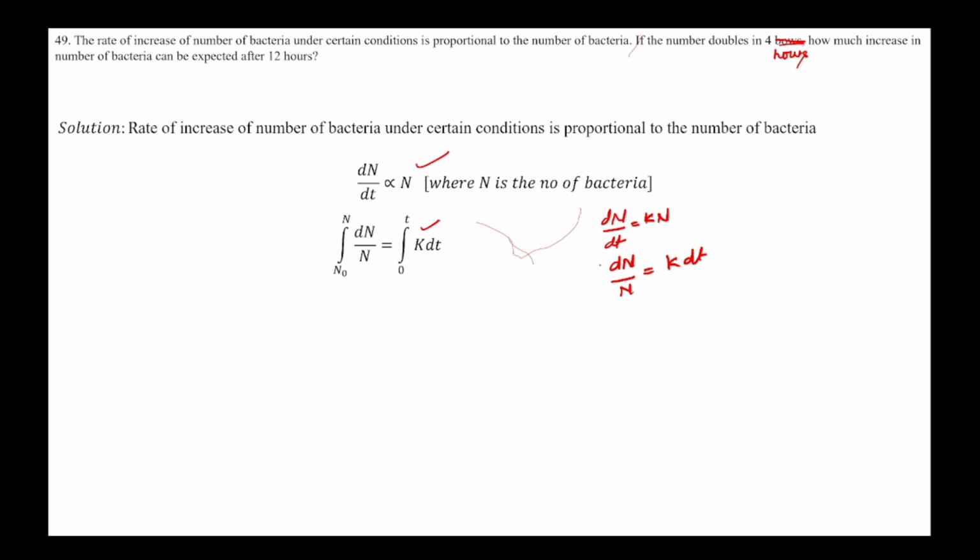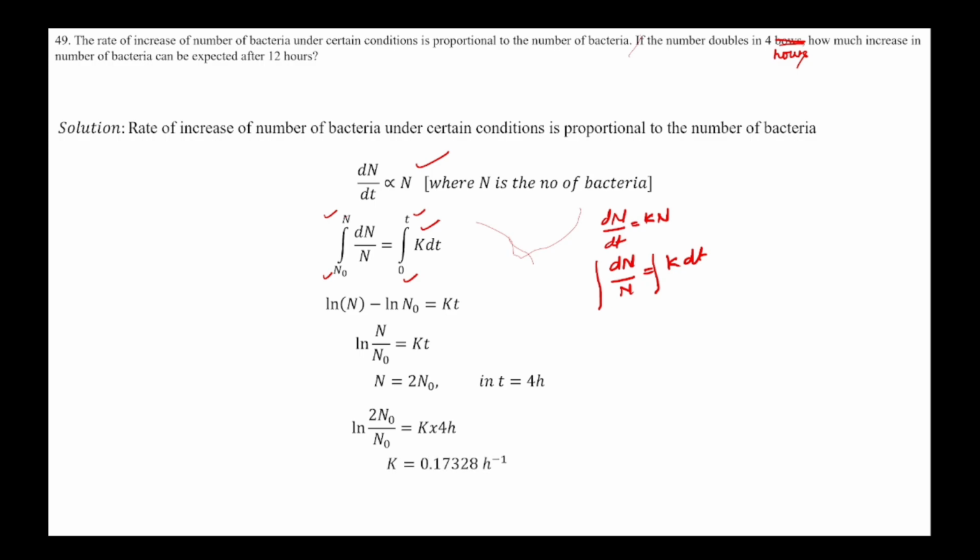Integrating this, at t = 0 the initial number is N0, and at some time t the number of bacteria is N. Using the property of log, and N = 2N0 at t = 4 hours, we put in the values and get the value of k.